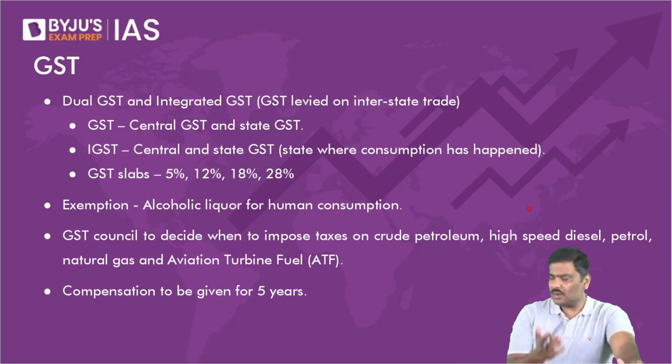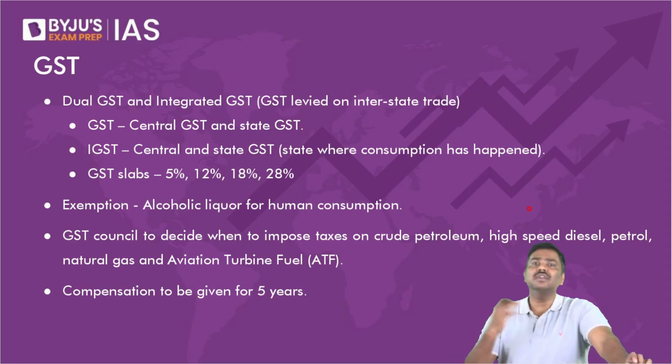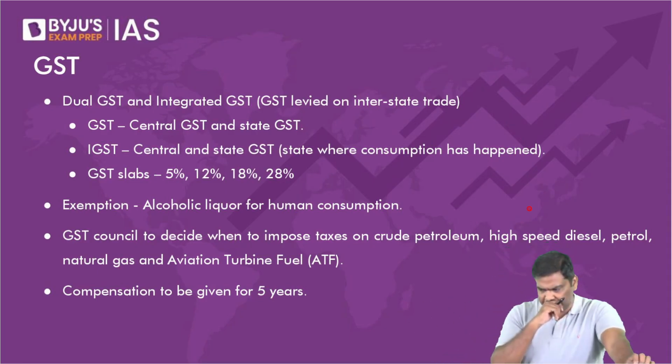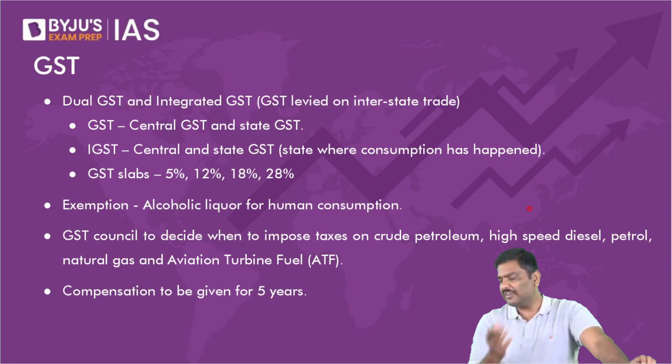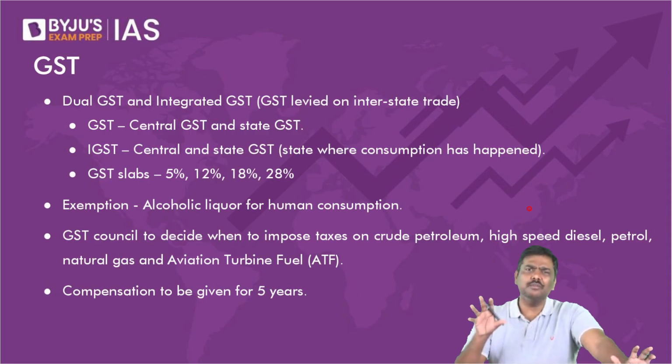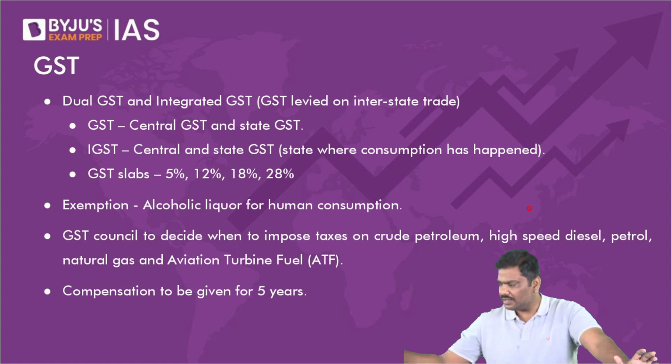In tax avoidance itself, we have discussed the importance of minimum alternate tax. What is the concept of GAAR, General Anti-Avoidance Rules? Then we have discussed the concept of base erosion and profit shifting, and the BEPS action framework, where there are 15 pillars, and we are using the 15 pillars to address the issue of tax avoidance.